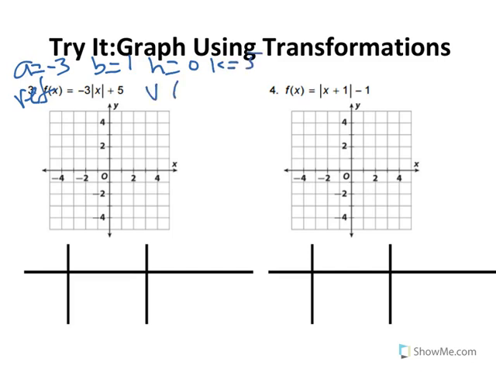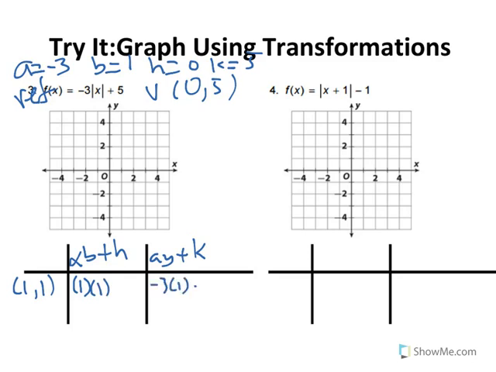So the vertex is at 0, 5. So xb plus h, ay plus k. So we have 1, 1. So we have 1 times 1, negative 3 times 1 plus 5. Oop, I forgot the H. So in this case it's 1, 2.